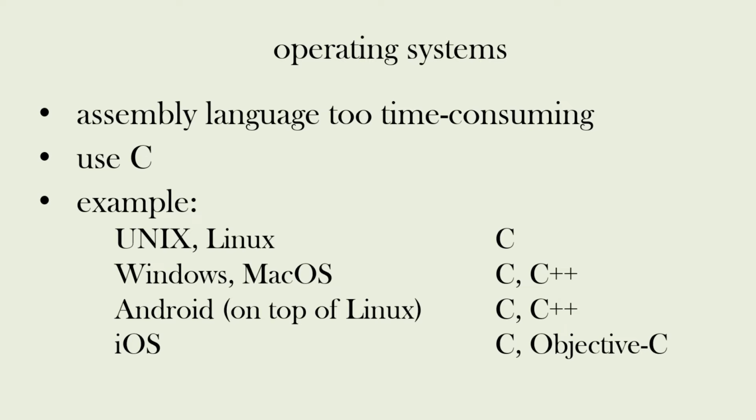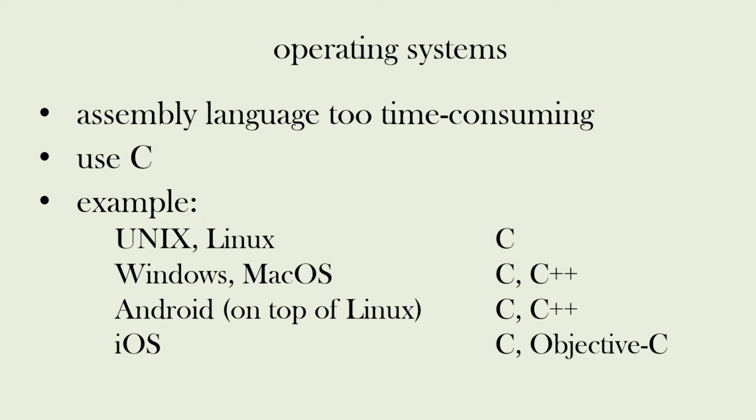So if we look at examples of operating systems, we have Unix and Linux that use C, Windows and Mac use C, and also now use C++ as well. And that's the same as Android. That also uses C with C++.